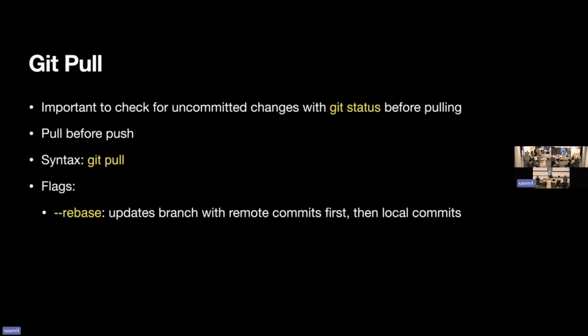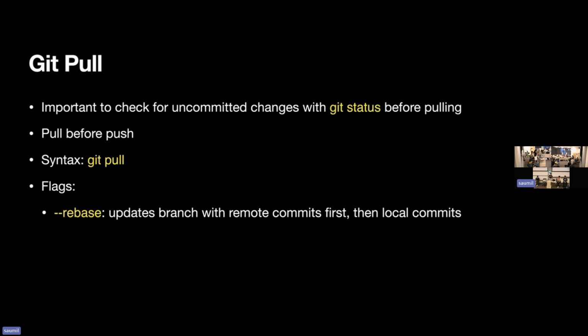It's very important to check for uncommitted changes with git status before pulling. You can think of uncommitted changes as something that hasn't been backed up anywhere, so it's a bit more unsafe. When you try to pull progress, this might cause merge conflicts, which we'll cover later on as well.